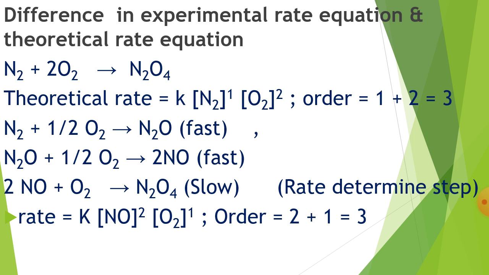Similarly, in the theoretical rate the reaction depends upon the first power of N2, but in the experimental rate it depends upon the second power of NO. So this is the basic difference between the experimental and theoretical rate equation. In this chapter we have to find the experimental rate equation.